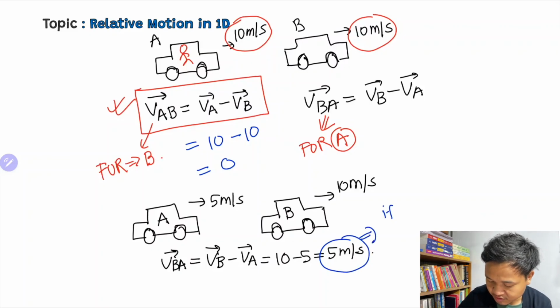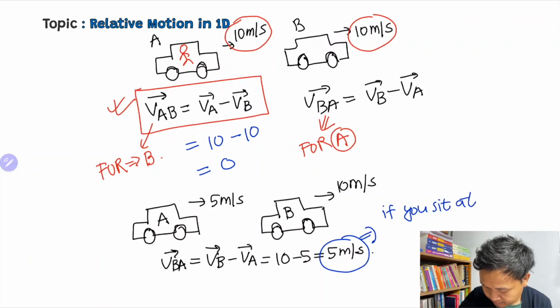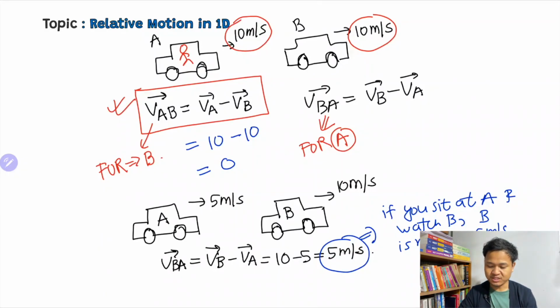So that means if you sit at A and watch B, B is moving plus 5 meter per second. That means it is moving away from A with 5 meter per second.